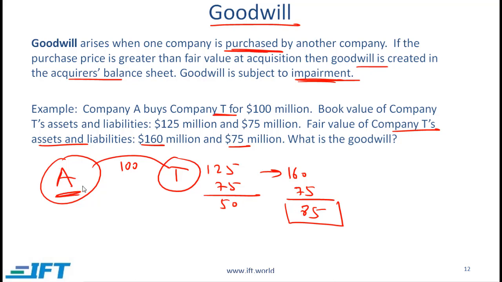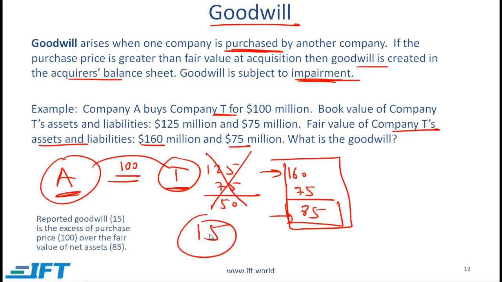When company A purchases company T, what really matters is the fair values and not the book values. Note that company A has paid 100, which is more than the fair value of the net assets. The additional amount that the company paid, that additional amount of 15 million, which was paid above the fair value of the net assets is goodwill.